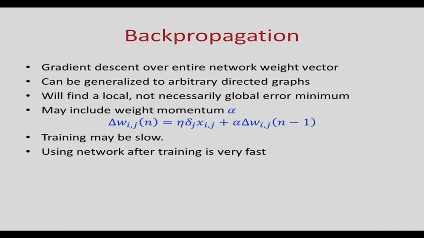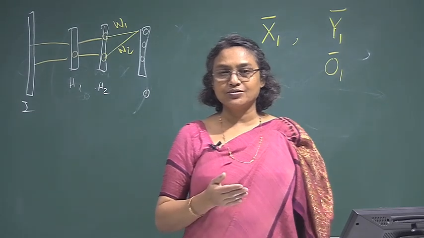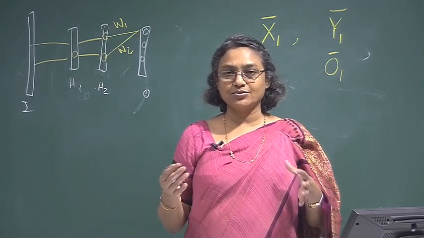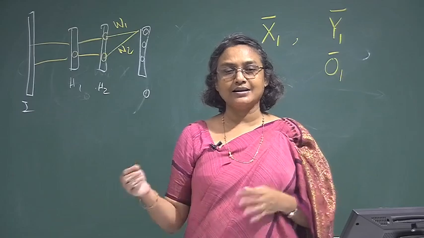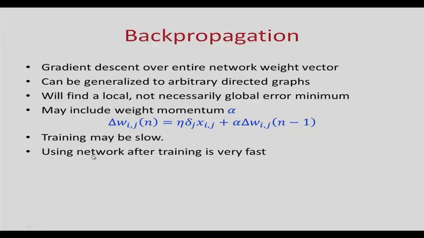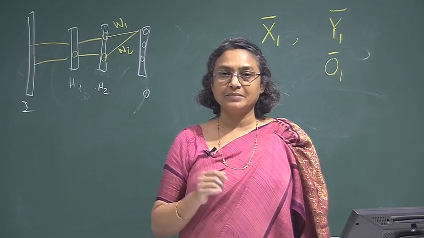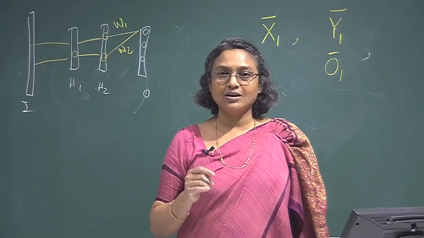So, in back propagation, we do gradient descent over the network weight vector. Even though the example we have shown is for a layered graph, we can do back propagation over any directed acyclic graph. The second thing to observe is that by doing back propagation, we are not guaranteed to find the global best. We only get a local minima.